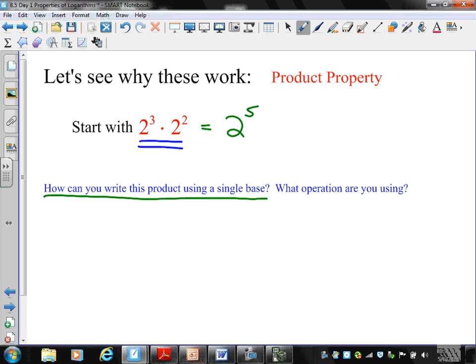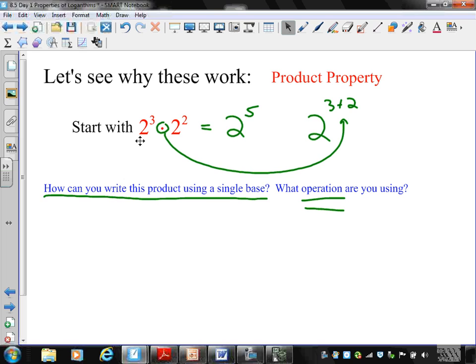We write the base once, and then the important part is what operation are we doing with those exponents? Well, we're adding them, right? This is really 2 to the 3 plus 2. So if you notice what's going on here, when I'm multiplying with the same base, multiplication turns into addition with the exponents. You're going to see that in the property when we get to it later. But this is why this type of thing works.